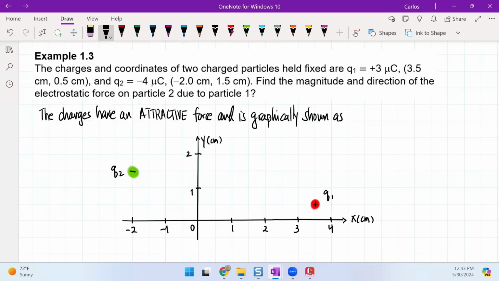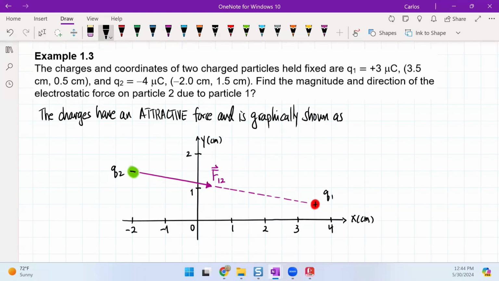So we want the force of 1 acting on 2. So that means if I look at this, I have a force that goes from center to center. I'm going to have a force that's going to look something like this. It's going to come here, and it's acting on a straight line from here to there. So this right here is the force 1 on 2 in that direction.